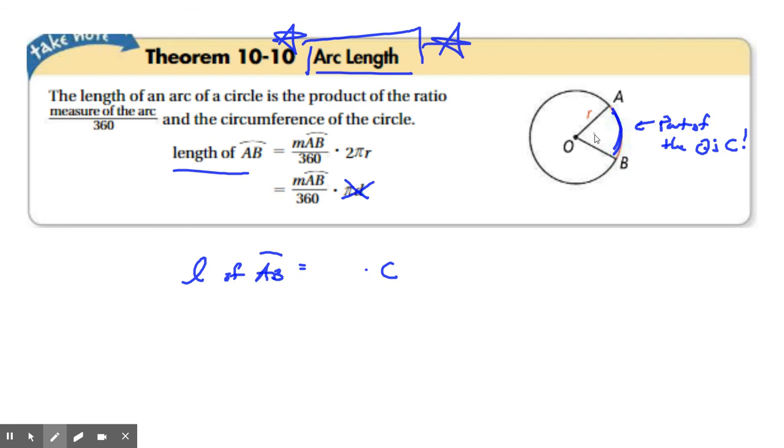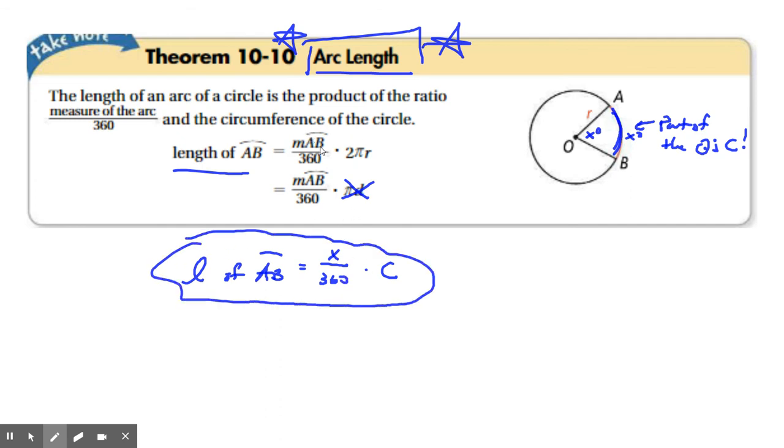So what is that going to be? Well, it's going to be the measure of this central angle, which is also the measure of that arc, out of 360. X out of 360 in my picture. Okay? So it's the arc measure or the angle measure, but it's this X. So when you're doing arc length, my first thing is going to be find the circumference.